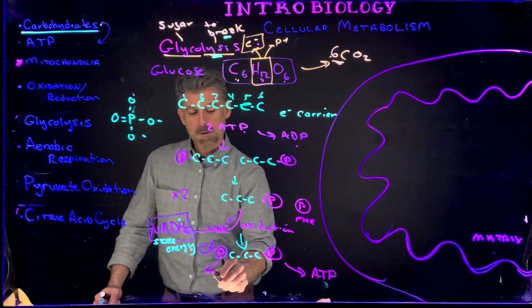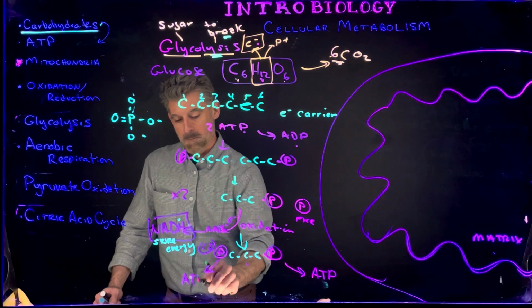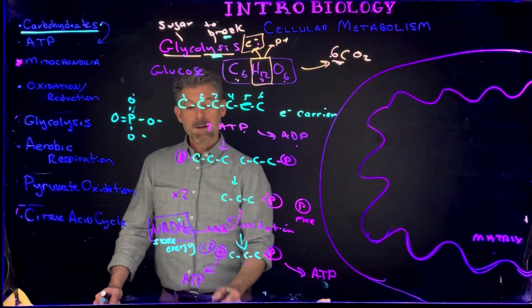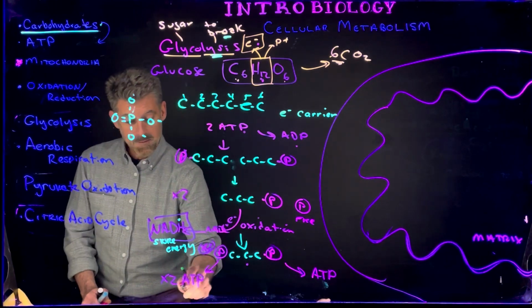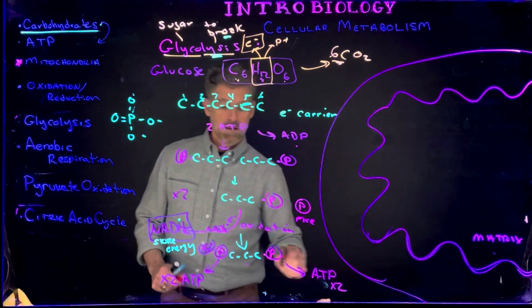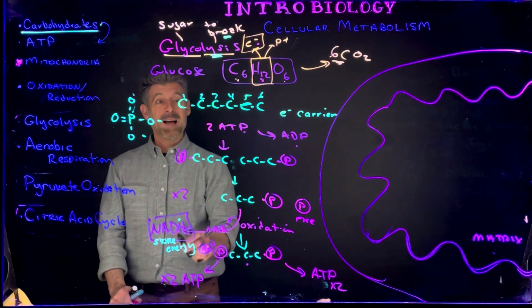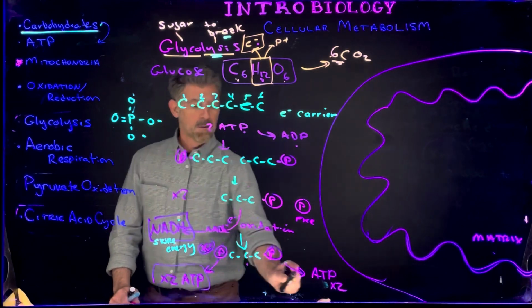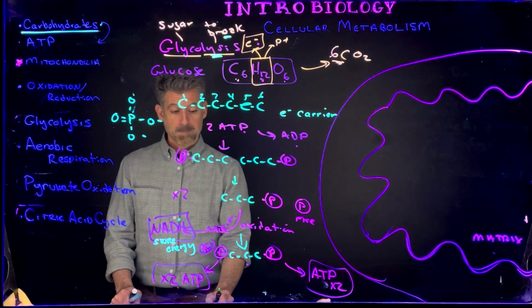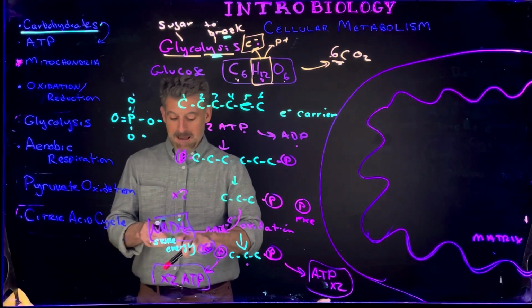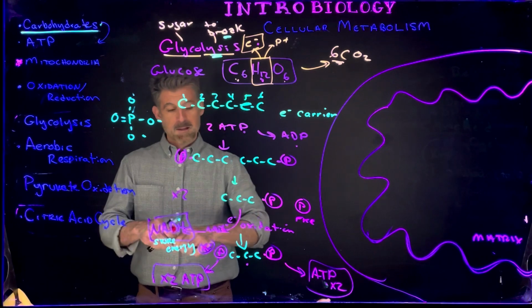And then this one gets stripped off, given to an ADP to make ATP. That happens twice, right? Because there's 2 of these. That's times 2, and that's times 2. So that means glycolysis will make 4 ATP molecules.